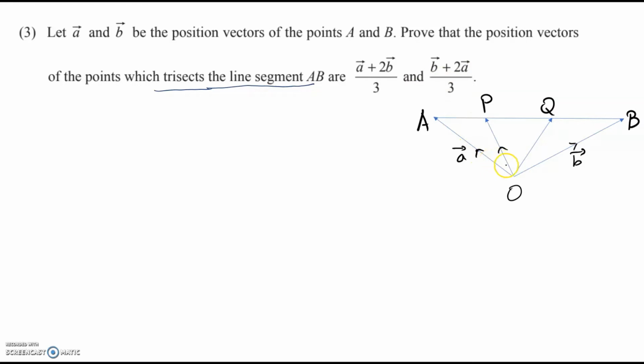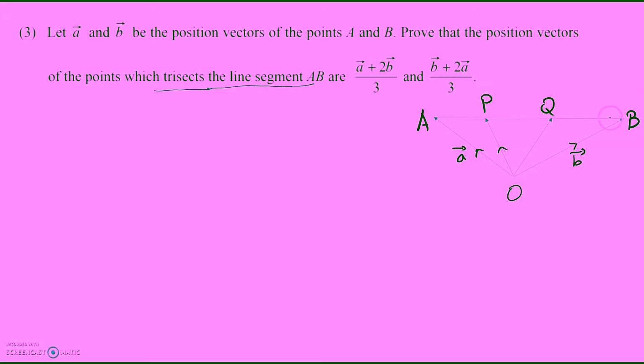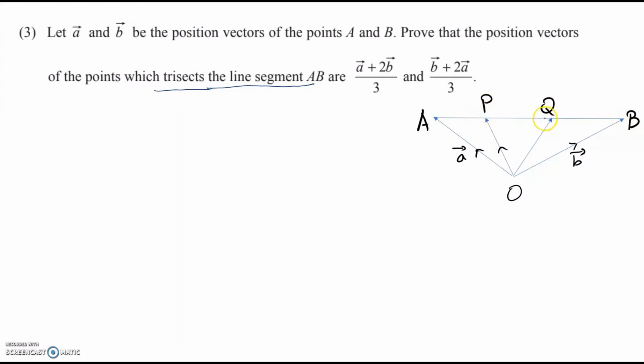So we are already given that OA vector is A vector, OB vector is B vector, and P and Q. Let's consider 2 points P and Q on AB, and let's assume that P and Q are the points that divide AB into 3 equal parts.